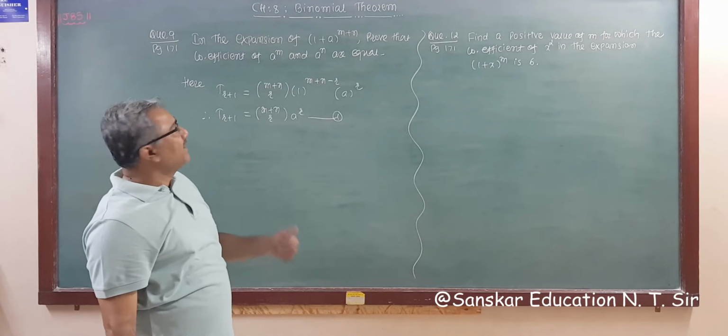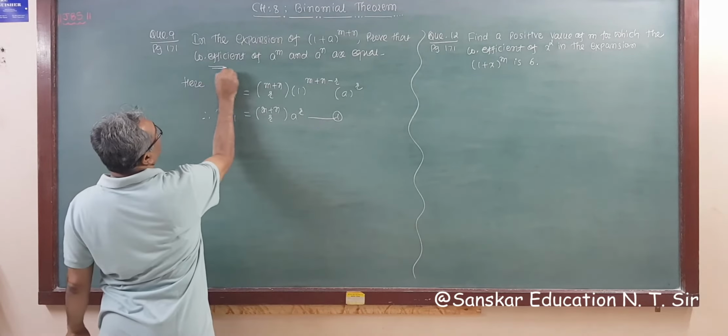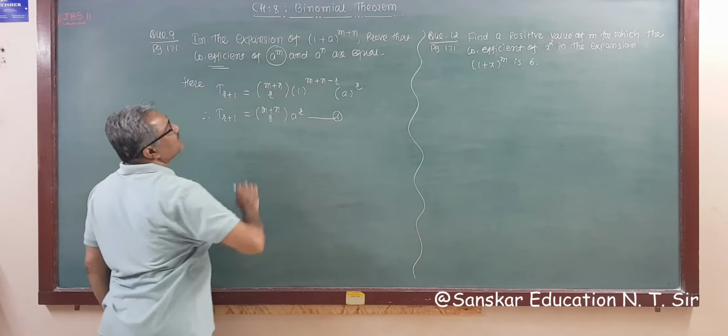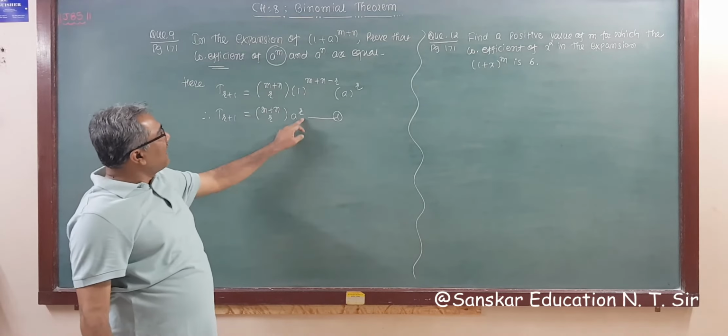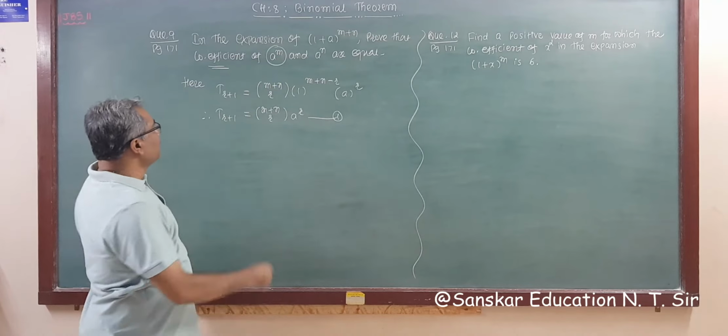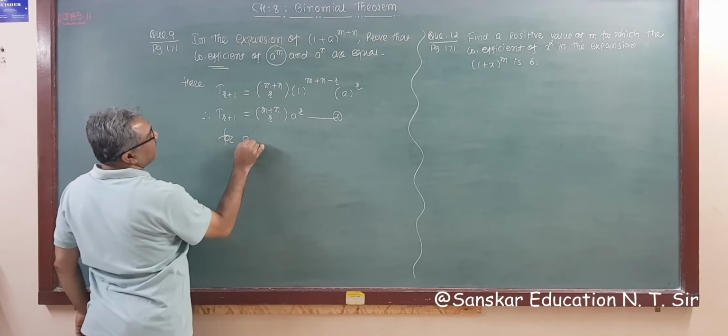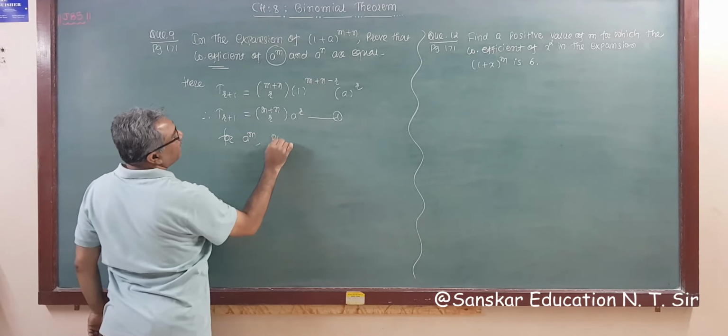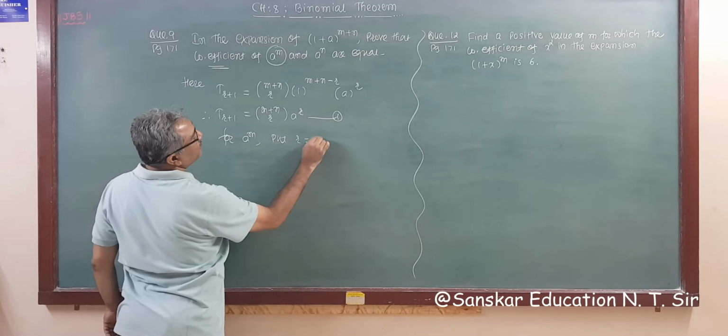Now what we require is the coefficient of a^m. So for a^m, what is r? r will be m, right? So for a^m, put r equal to m.